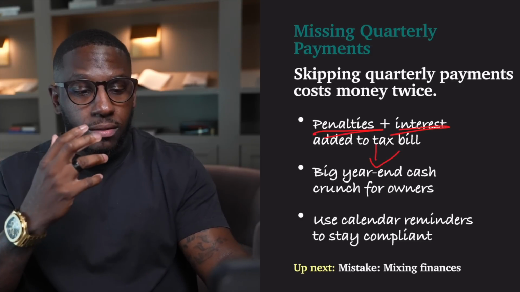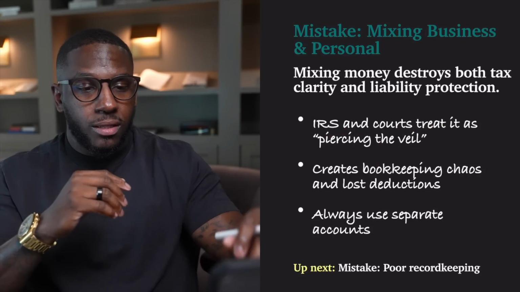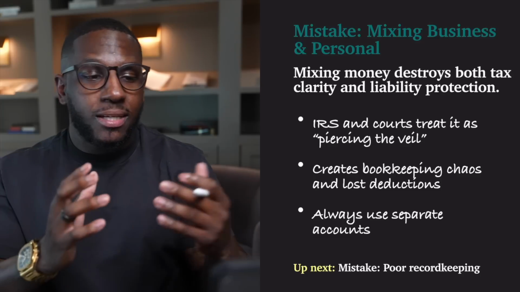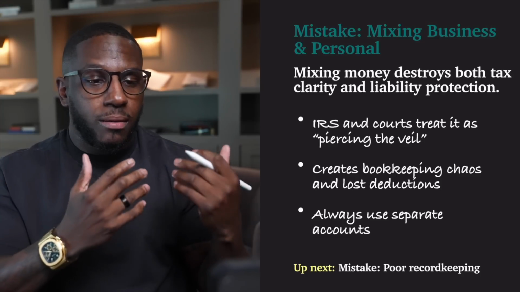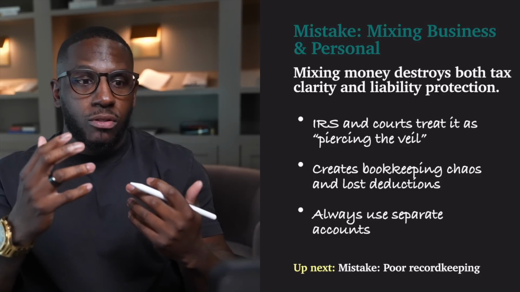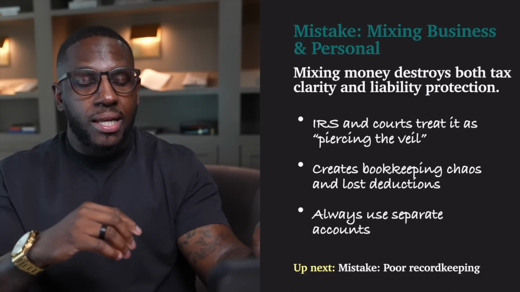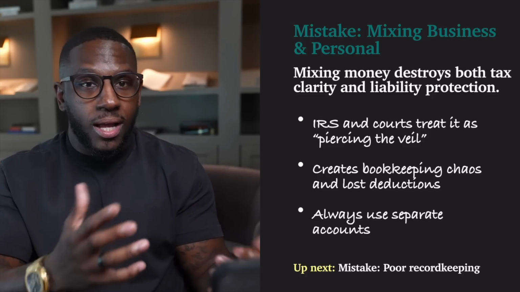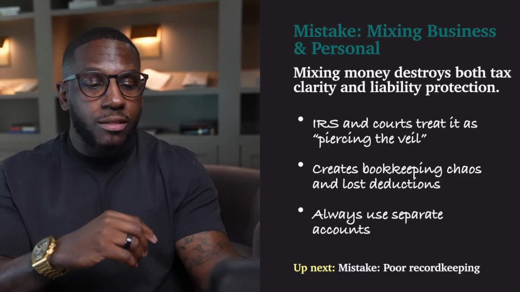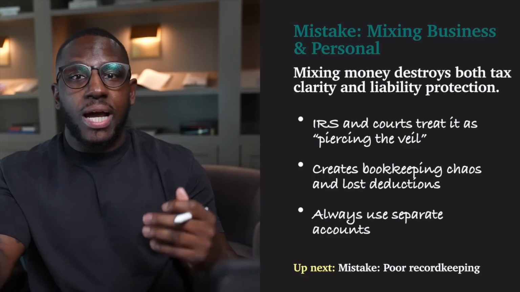All right. Let's look at mistake number three. It's mixing business and personal assets. So mixing money destroys both tax clarity and liability protection. Why? Because the IRS and courts treat it as piercing the veil, right? They're not separate anymore.